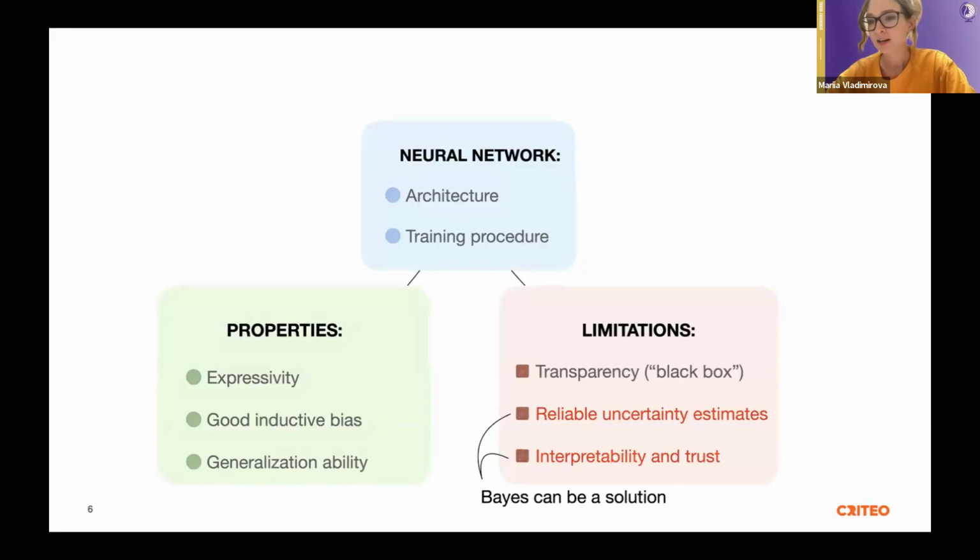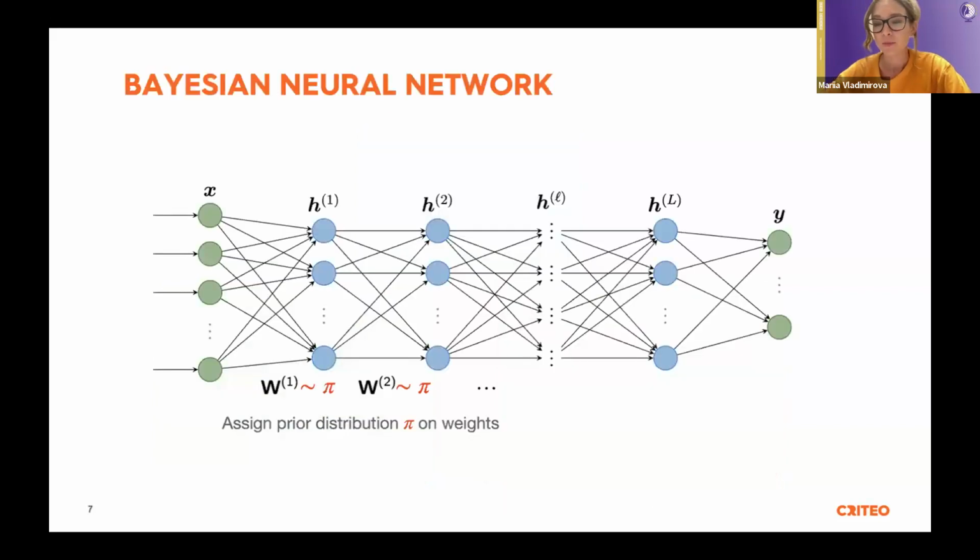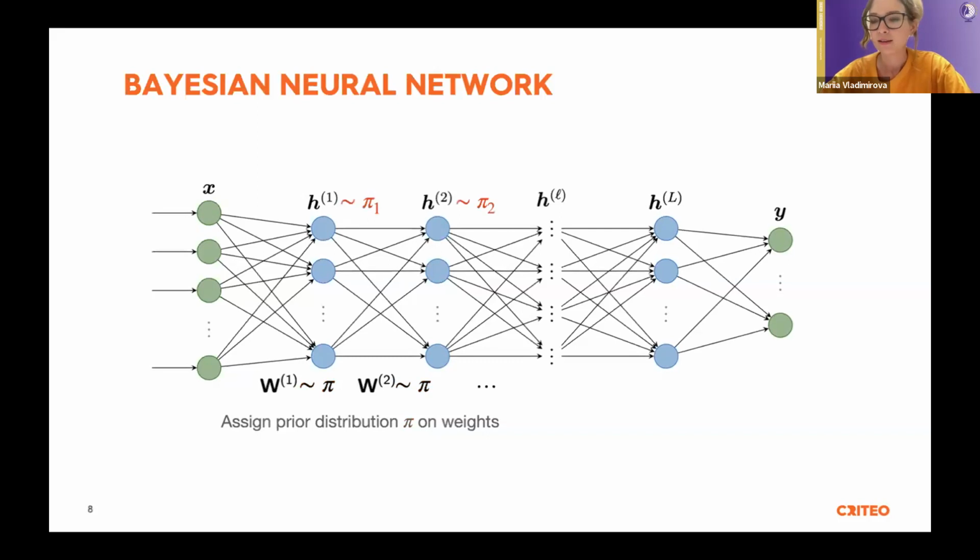And so here, Bayesian methods can help by providing uncertainties and therefore interpretability. For Bayesian neural networks, instead of point estimates for the weights, we have a prior. Then when we propagate, we get linear combinations whose outputs are also random variables, so they are distributions.